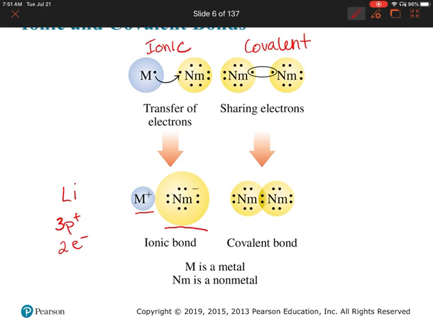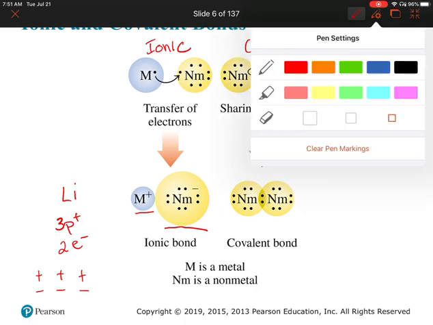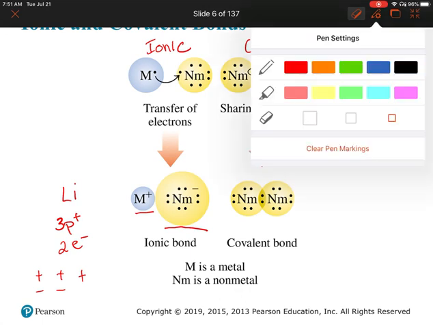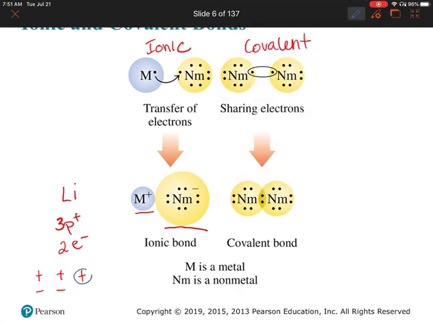So we can see that 2 of the positive charges will cancel out. So let's write it out like this. Initially, we had 3 positive charges and 3 negative charges, and they all canceled. But if we get rid of one of the negative charges, now we have an overall positive charge on that metal atom.